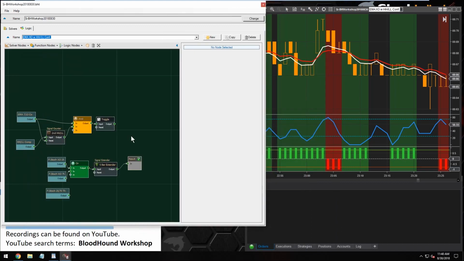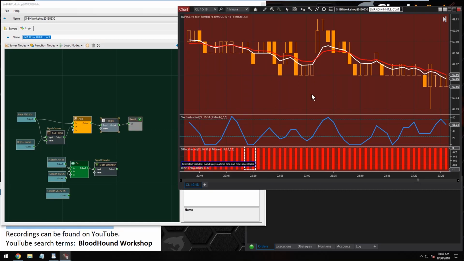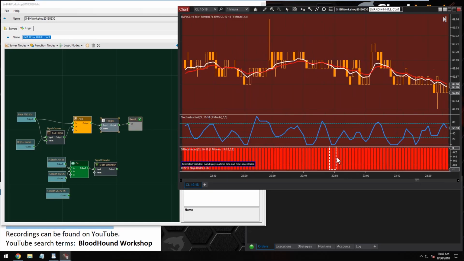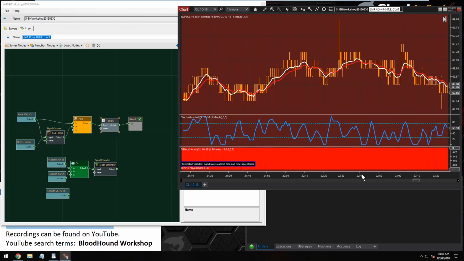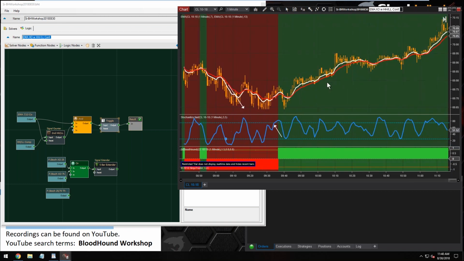All right, so let's summarize here. Coming from our toggle node, we basically have a trend filter here. Let's shrink this chart up a little bit. Yeah, so there we go.